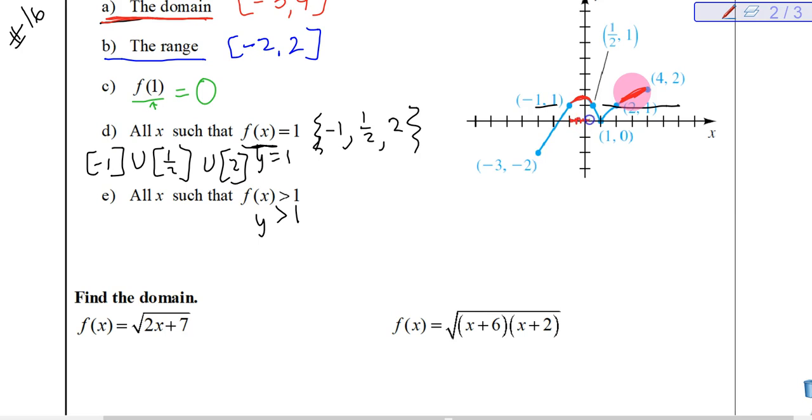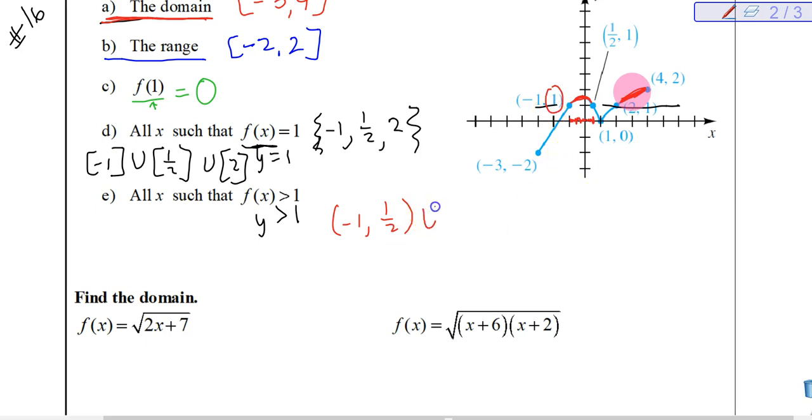I'm talking about all of these x's between here and here. Don't you think? Because that's negative a quarter and up 1 point something, and positive a quarter and up 1 point something. So my y is over that. So I would say between -1 and 1/2, open, non-inclusive, because if I include -1, that won't work because y equals exactly 1.